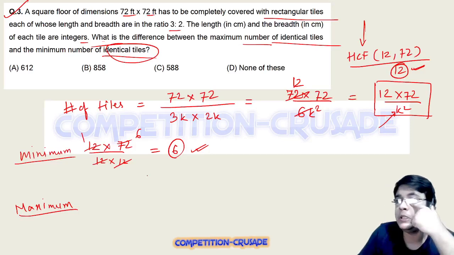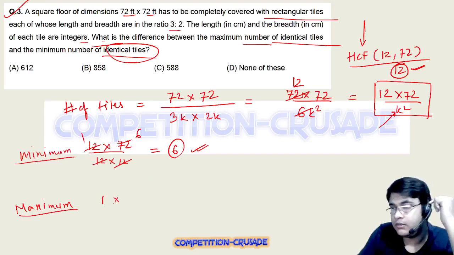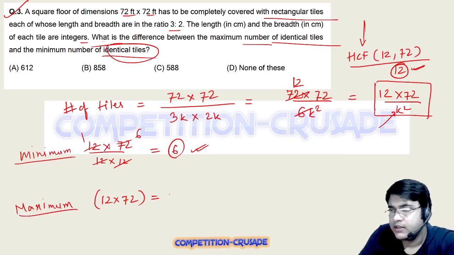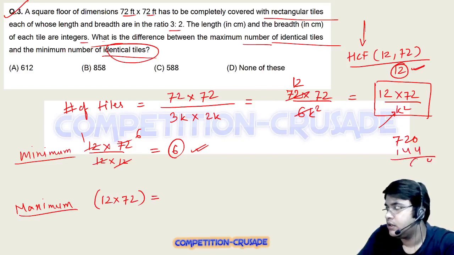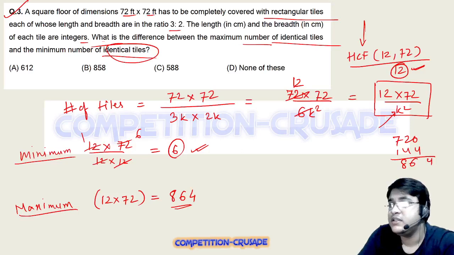So 12 into 72, straight away. Let's see what this is. So this will be 720. Let me do the rough work here. 720 plus 144, which is 864. And they have asked you the difference between this.